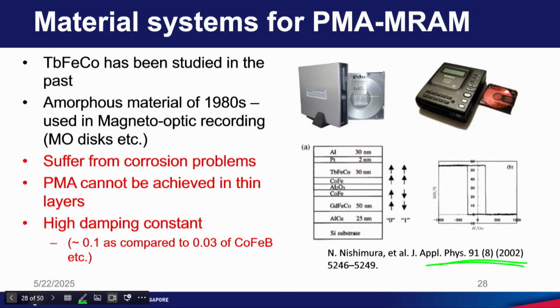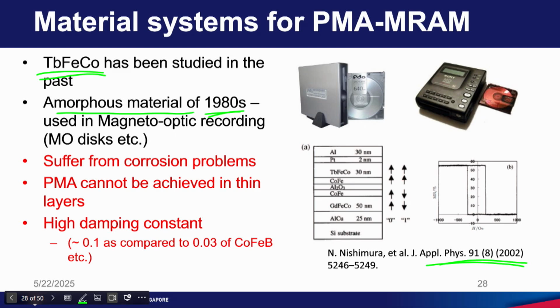In this paper, these researchers have used terbium iron cobalt as a layer that can retain the magnetization in the perpendicular direction. This terbium iron cobalt is an amorphous material. People have been studying this material for many years, almost 40-50 years, for application in something called magneto-optic recording.